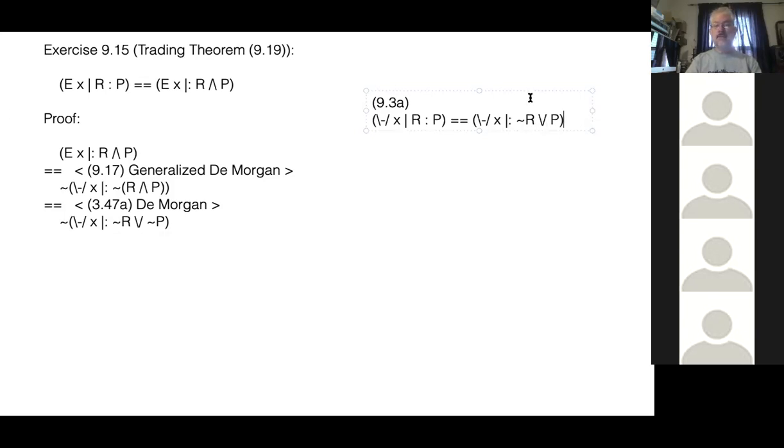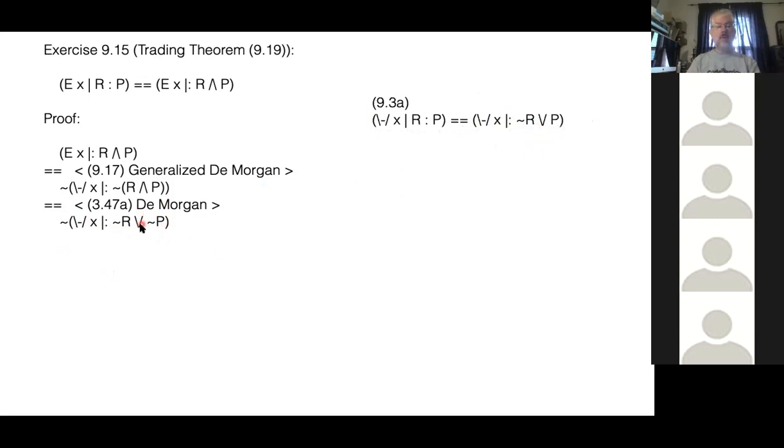Because this part here looks quite similar to what we've got here. And there's a little noise. We've got this not out here. Well, that can just carry forward. We just let it go. For all x, that matches. Vertical bar colon, that matches. Not R, that matches. Or P.